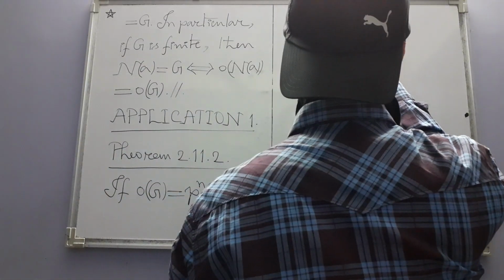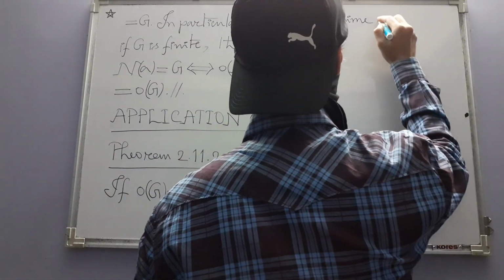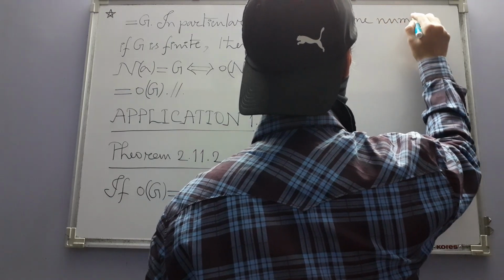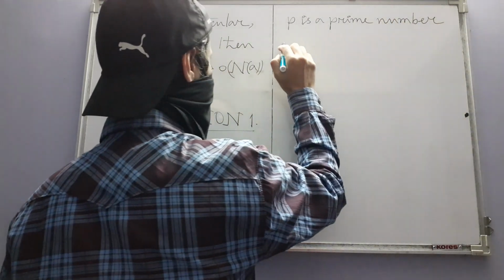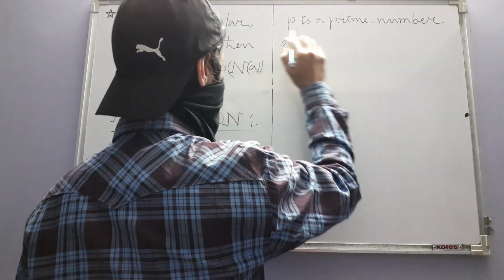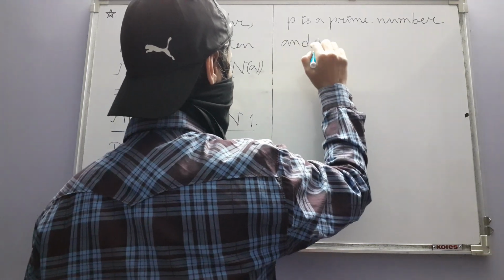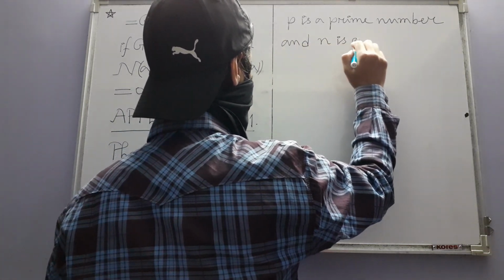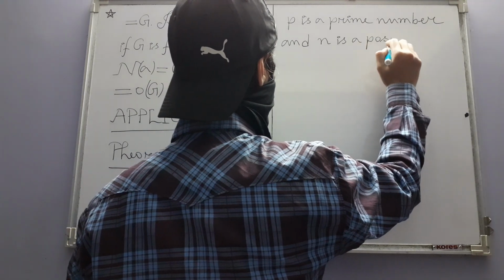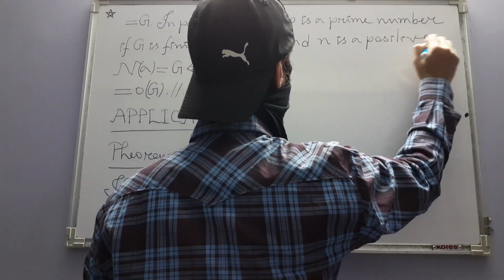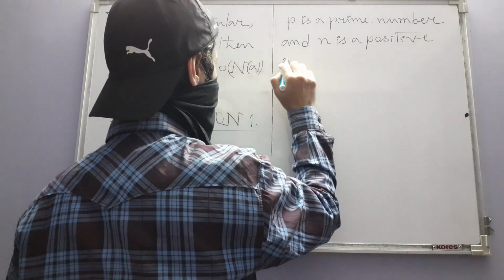Here, however, we are going to write that p is a prime number and n is a positive integer.